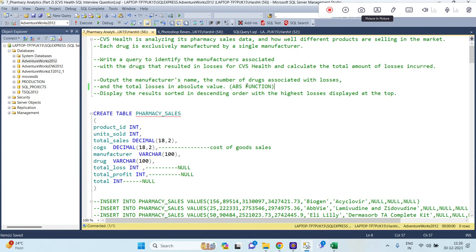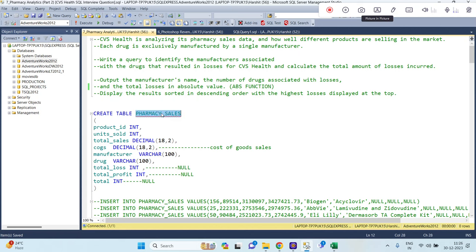So here all the manufacturers are associated with the drugs, right? So here we have to identify the manufacturer name, the number of drugs associated with the losses. So how we can identify the losses, that we will see, and the total losses in absolute value.